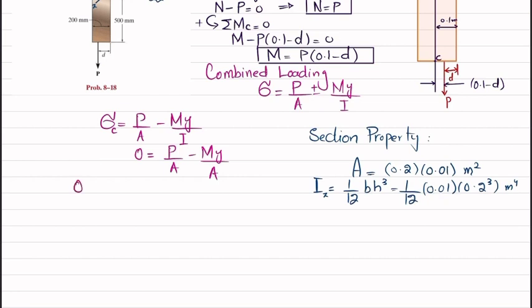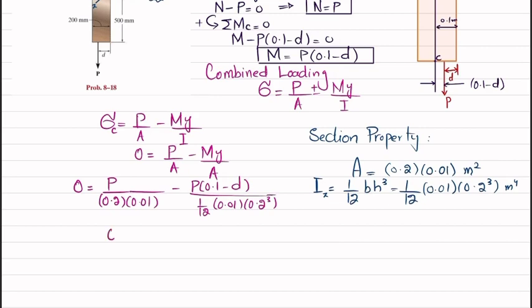So you will get 0 is equal to P by A. So P divided by area, which is 0.2 multiplied by 0.01, minus P times 0.1 minus d, divided by 1 over 12 into 0.01 into 0.2 whole cube.